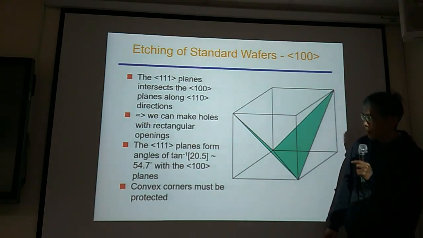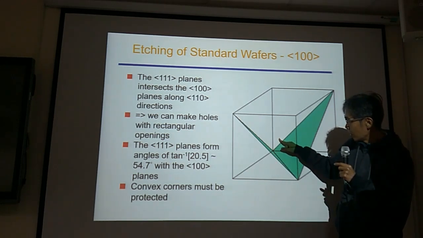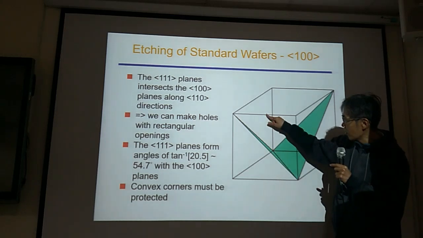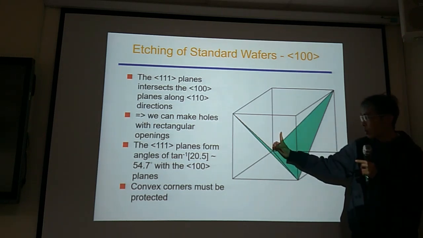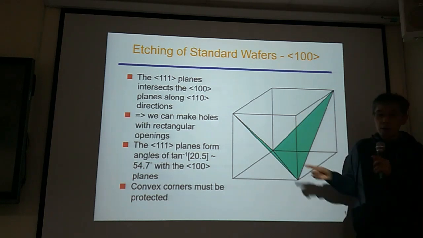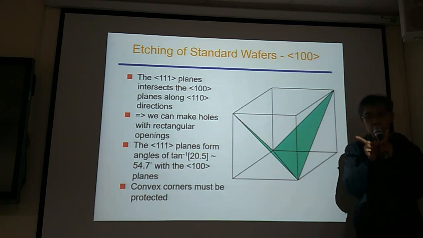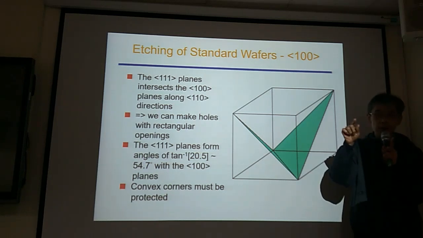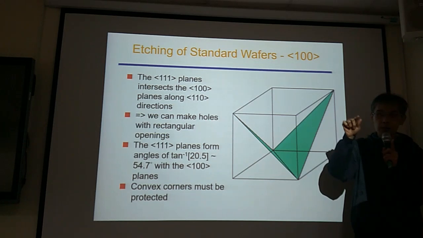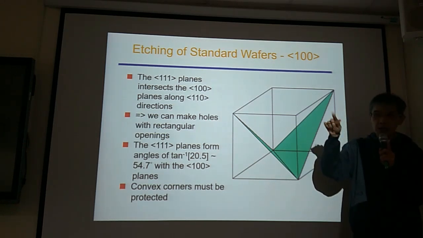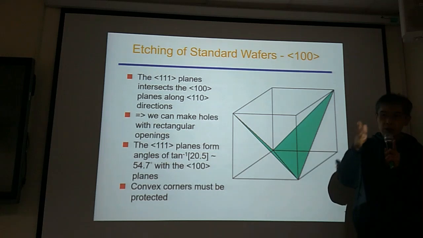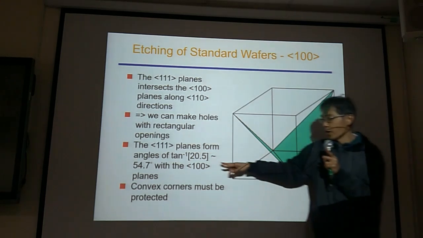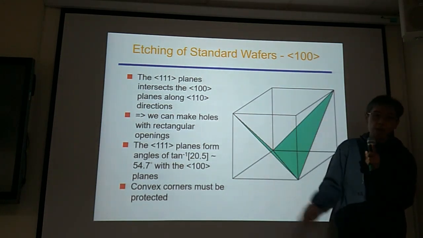And the angle, because this is 111, and this one is 110. 110, 111. We have two vectors. One vector is 111, and the other vector is 100. You can use the inner product: A vector dot B vector equals the length of A times the length of B times cosine theta. Theta is the angle between vectors A and B. You can use this to calculate the angle between the 111 vector and the 100 vector.